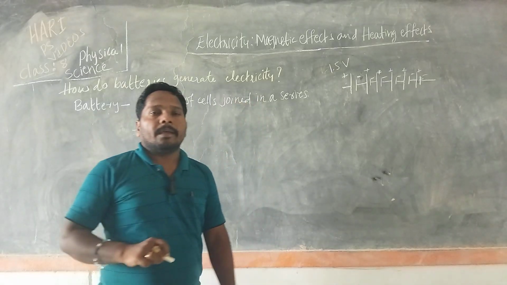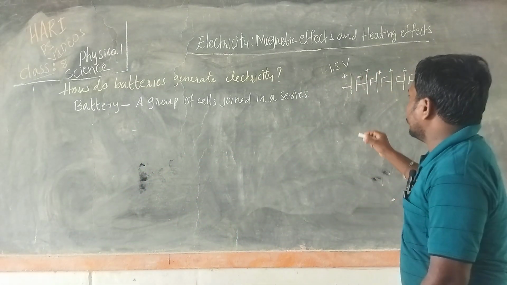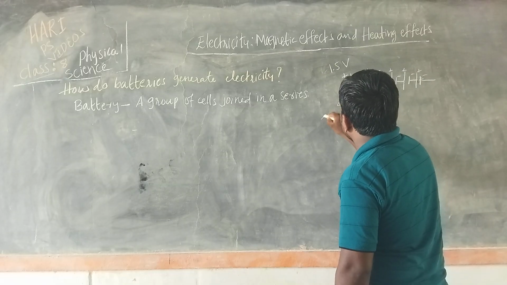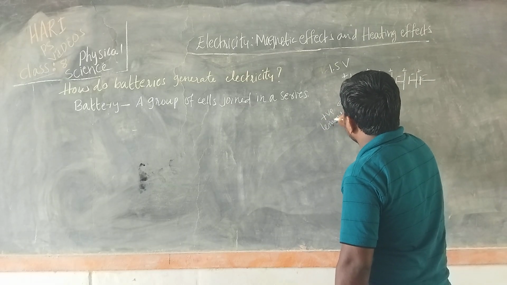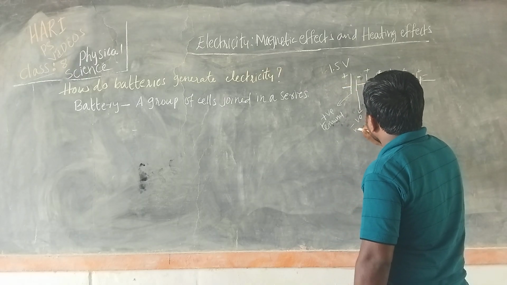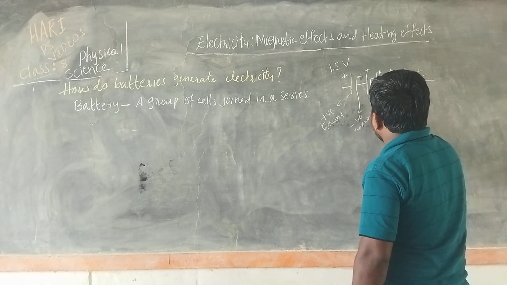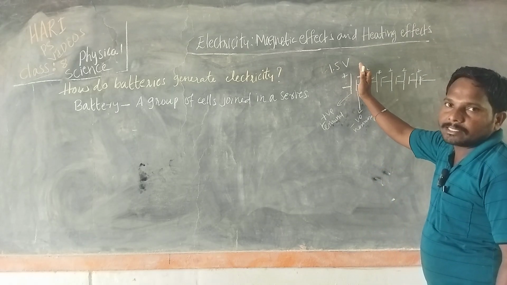We know a cell has two terminals. The longer one is the positive terminal, and the shorter one is the negative terminal. So it represents only a single cell.